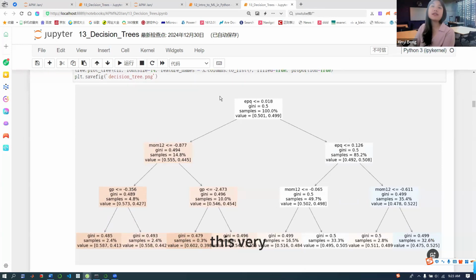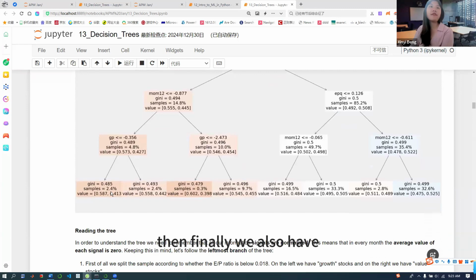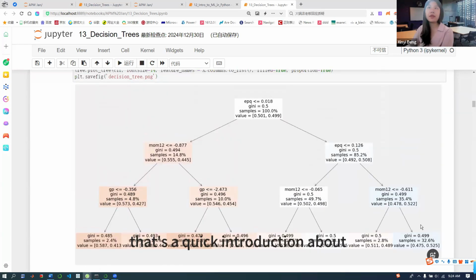So here, this very node is a root node, and these 2 nodes and those 4 nodes are all internal nodes because they are connected both ways. And then finally, we also have leaf nodes. The nodes at the very last row are so-called leaf nodes. They are only connected from above, and they don't have any further nodes connected below. So that's a quick introduction to the 3 different types of nodes.